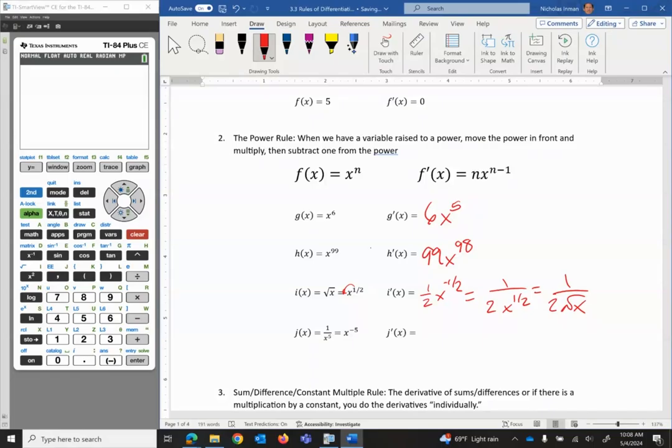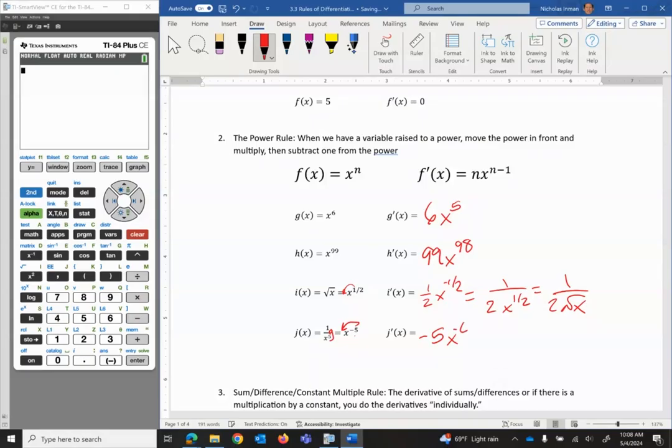The derivative of even weird fractions, as long as it's 1 or a number on the top, not another variable, you can just move it to the top, make its exponent negative, and do the power rule. So you move the power in front, negative 5x, and reduce negative 5 by 1.